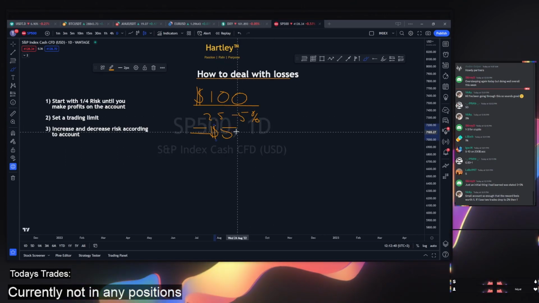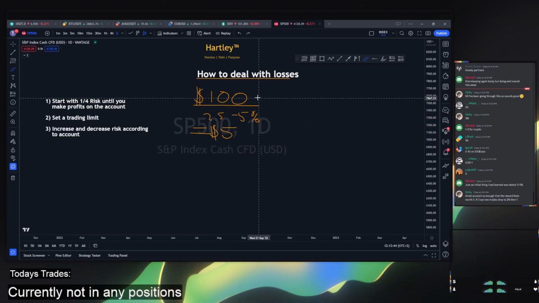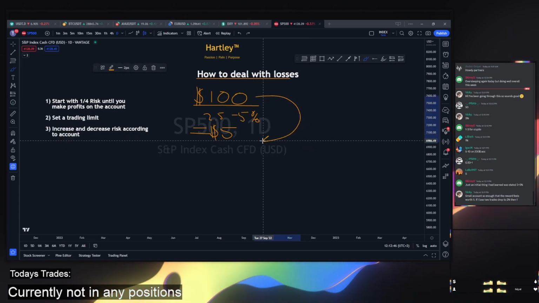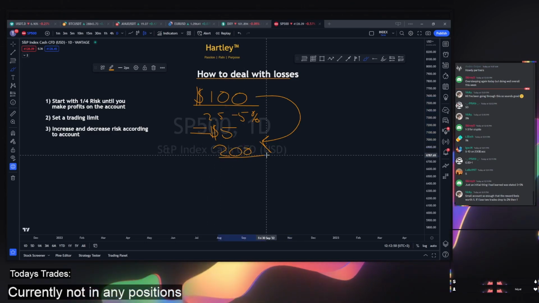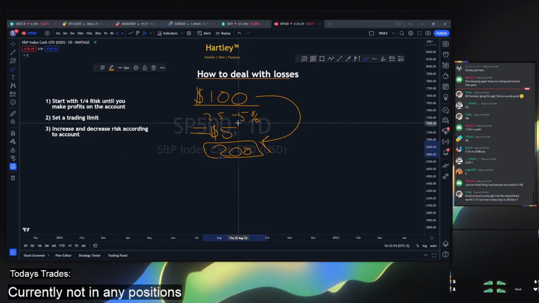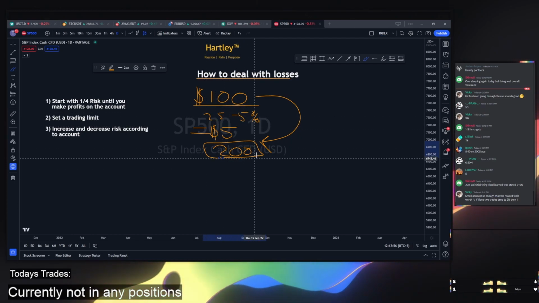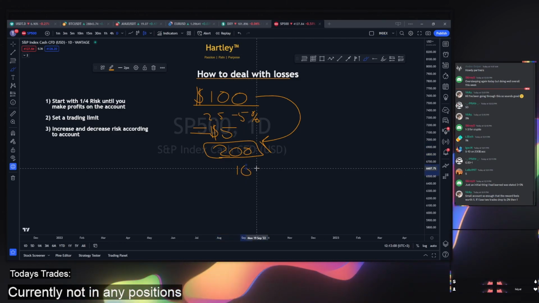You're going to keep risking $5 until this account gets to 200. Once your account gets to $200, you then readjust and you now risk 2.5 to 5% of 200. So now you're risking $10, right?